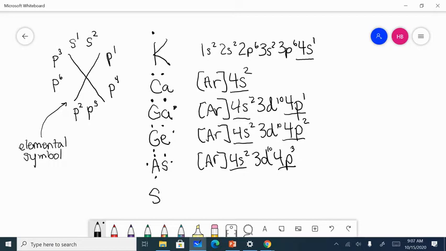This shows that arsenic has 3 unpaired electrons. Next is selenium. Total of 6 valence electrons, Roman numeral of 2. Let's put the 2 s on top, and then one of them is going to get paired up. So now selenium has 2 pairs of electrons and 2 lone unpaired electrons.